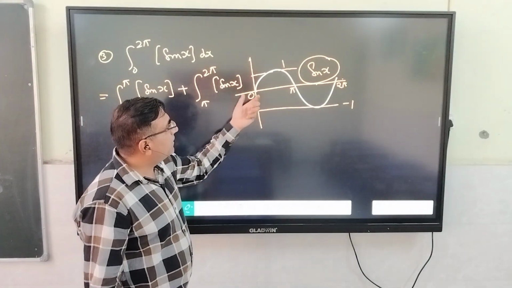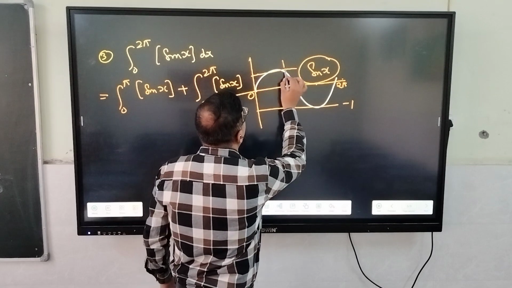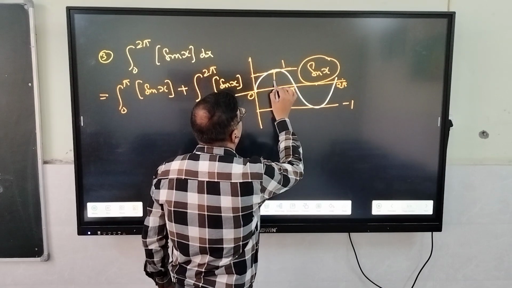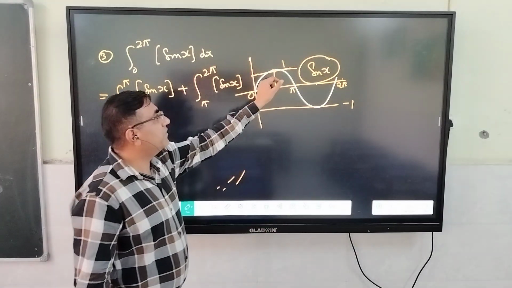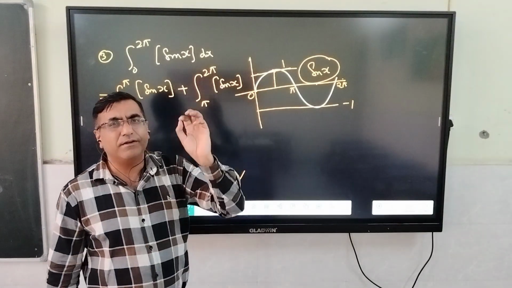But if you take the value from 0 to pi, it touches the maximum value 1 at pi by 2 only.